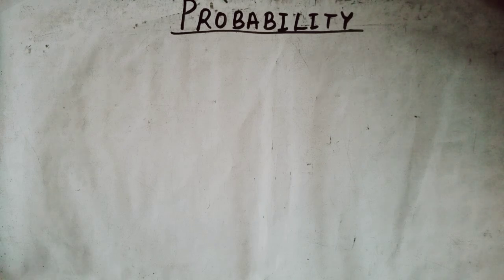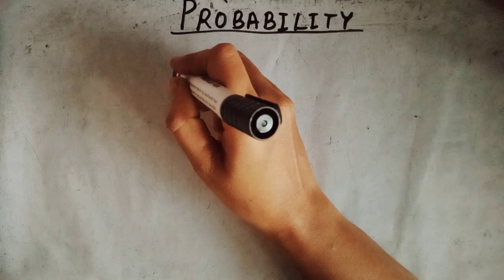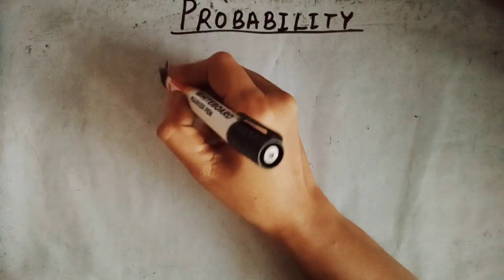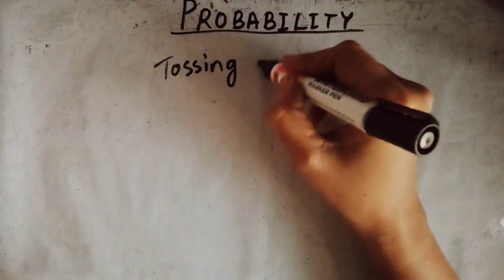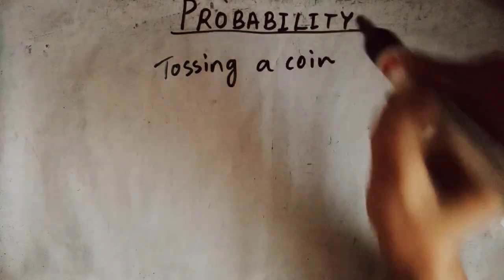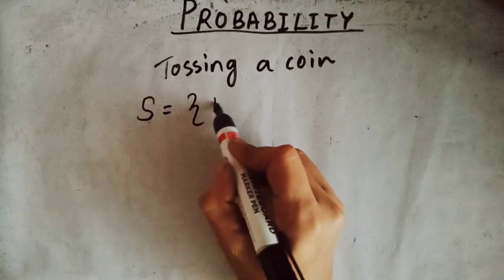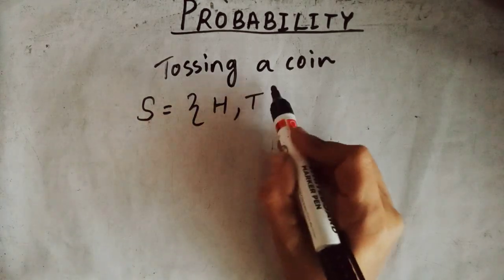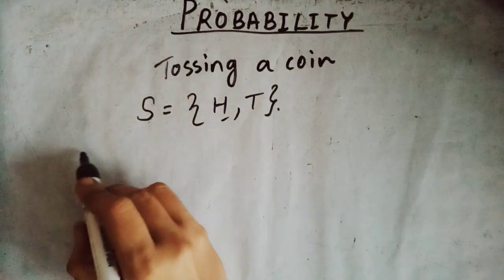So if I toss a coin, I'll get a sample space: either head or tail, right? So suppose event E1 is getting a head.